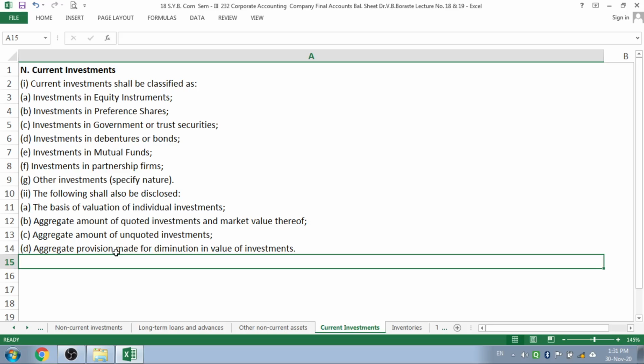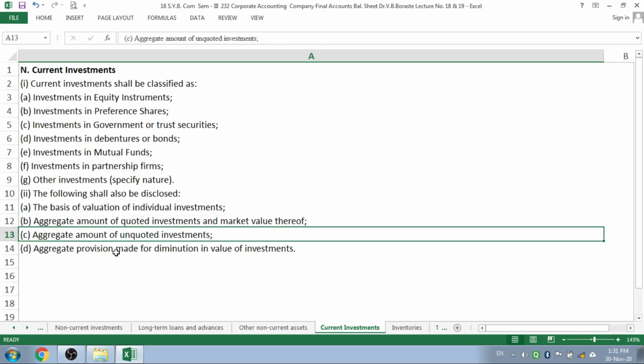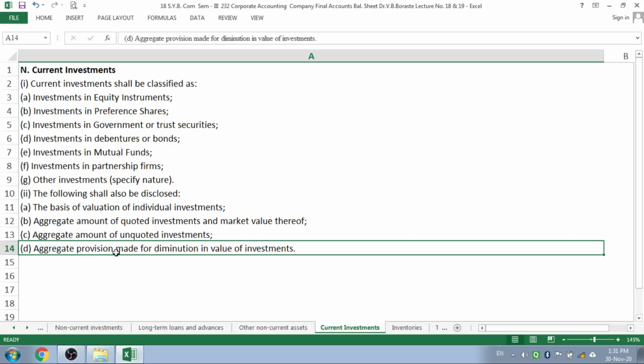The following shall also be disclosed: the basis of valuation, valuation of individual investment, aggregate amount of quoted investment and market value thereof, aggregate amount of unquoted investment, and aggregate provision made for diminution in value of investment. So these are the current investment.